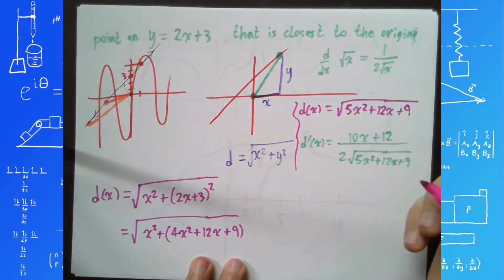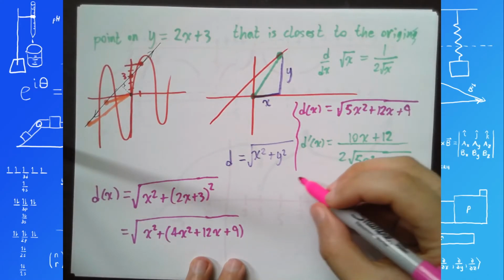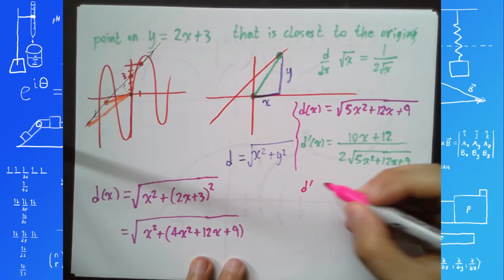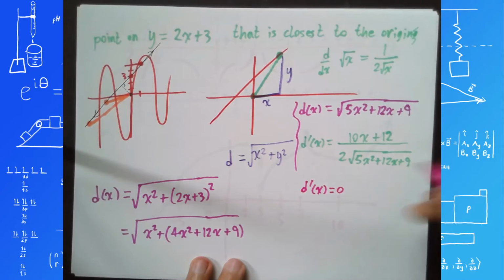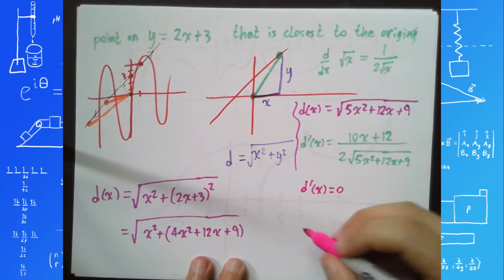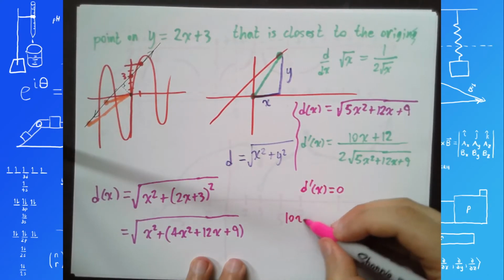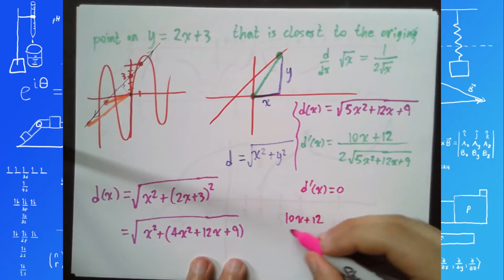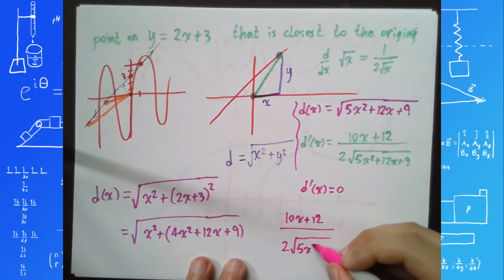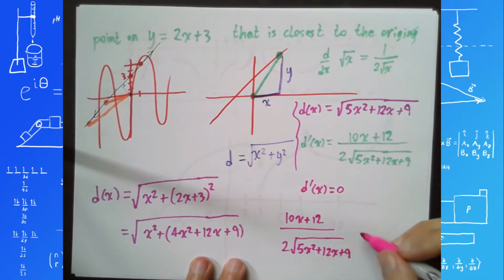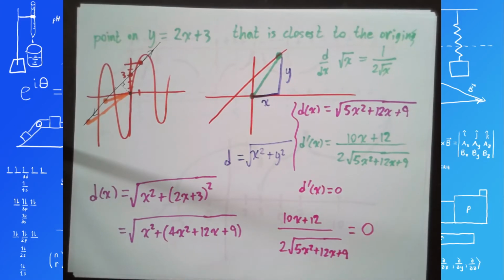So let's set d prime of x equal to 0. That would mean that 10x plus 12 over 2 square root 5x squared plus 12x plus 9 would be equal to 0.